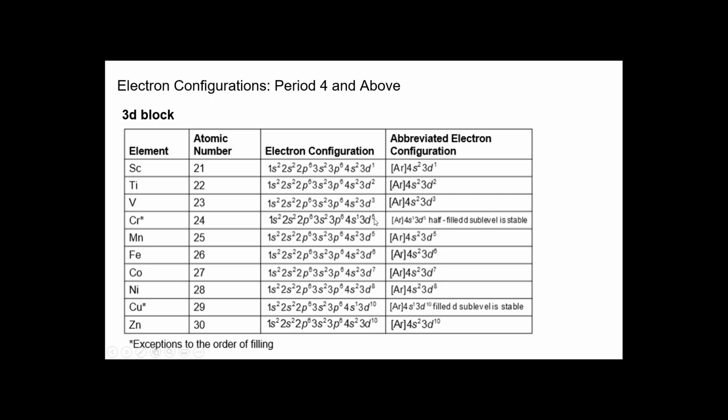But what they found is that having 4 electrons in the 3d orbitals when you could have 5 wasn't as low in energy as it should have been. But when they removed an electron from the s orbital and filled in all 5 d orbitals, it made this lower in energy. So chromium is a weird one, in that this electron configuration doesn't match what's before it or what's after it.